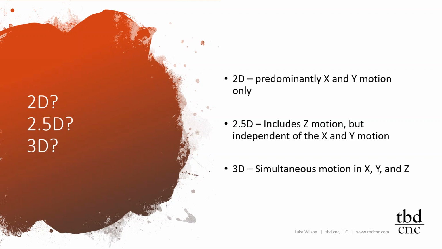You position X and Y, and then you move the Z up and down. When you get into 3D, you're moving X, Y, and Z at the same time. Different softwares have different capabilities. 3D is obviously where you want to be for most stuff, but for a lot of stuff you can get away with 2.5D.